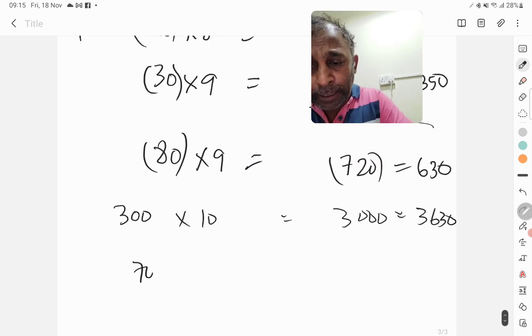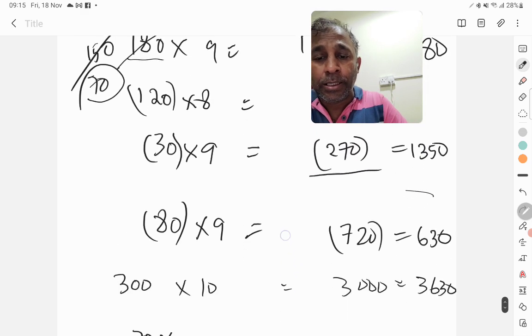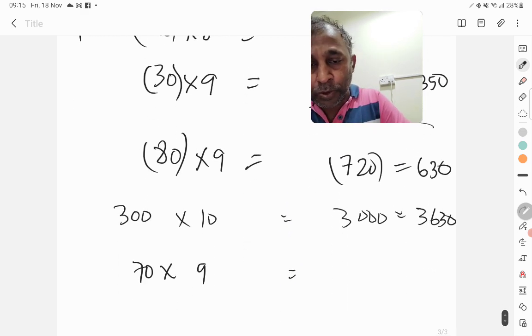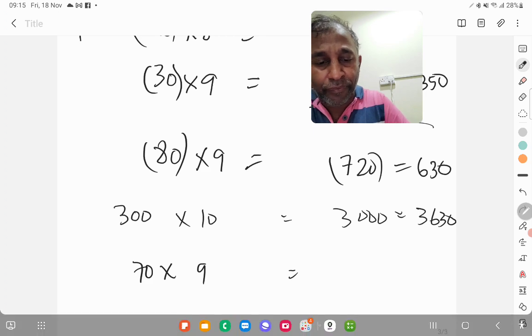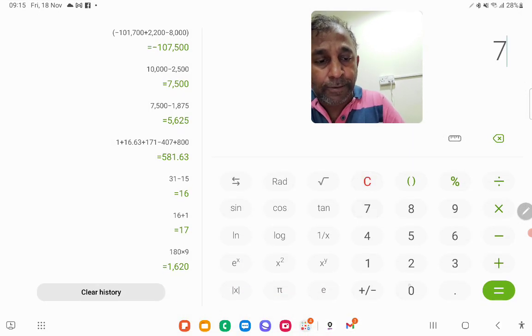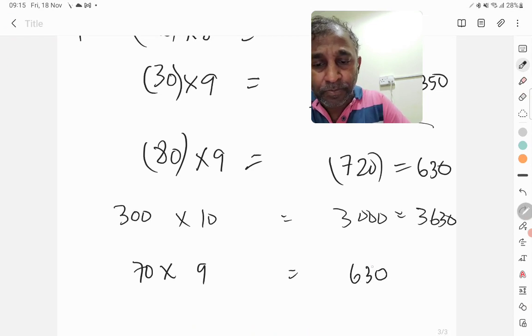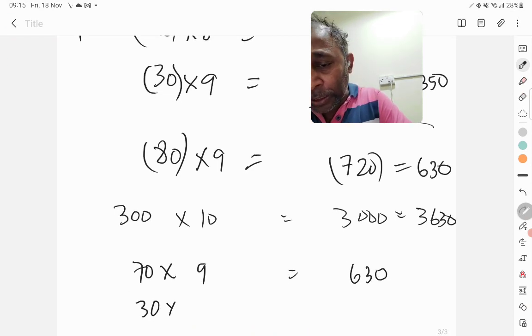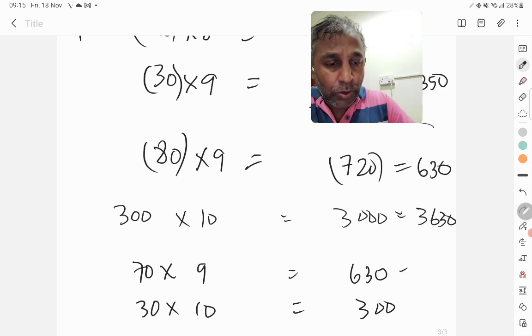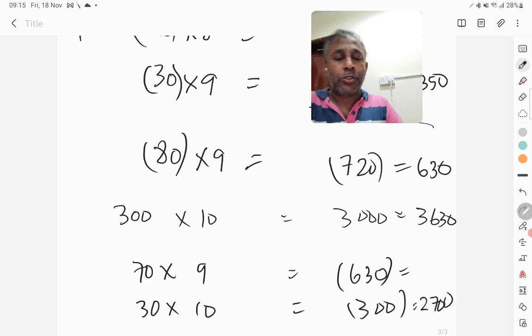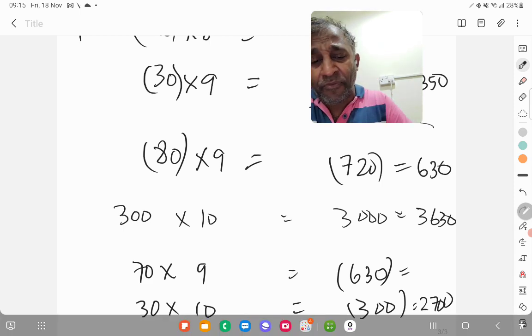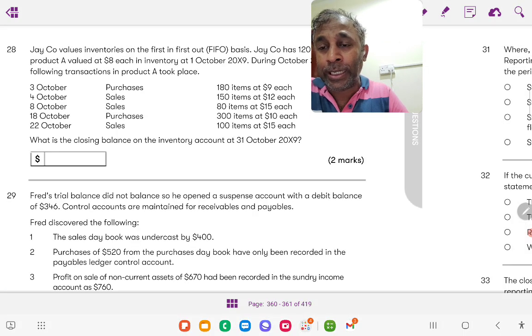So I will use 70 at 9, that is 70 into 9, 630, and then 30 into 10, that is 300. So 3630 minus 930 gives 2700. So this is the answer for question number 28.